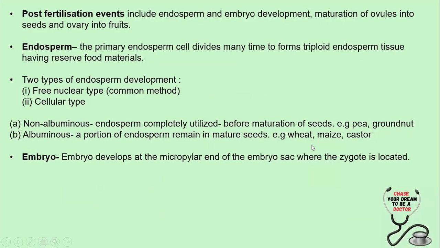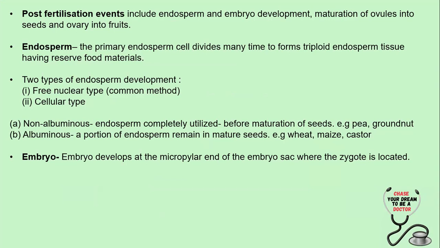Clear? After double fertilization, the next topic is the post-fertilization events. We have already done the formation of endosperm, and now we are going to study endosperm development, embryo development, and maturation of the ovules into seeds and ovary into fruit.